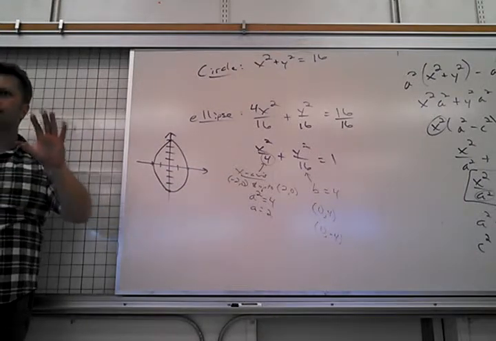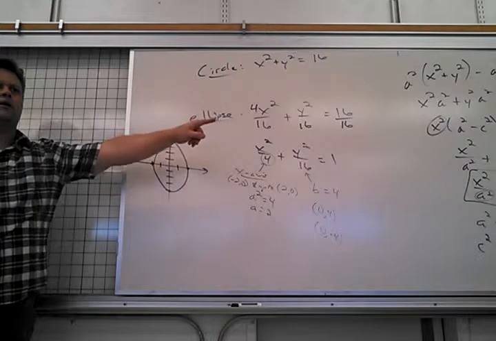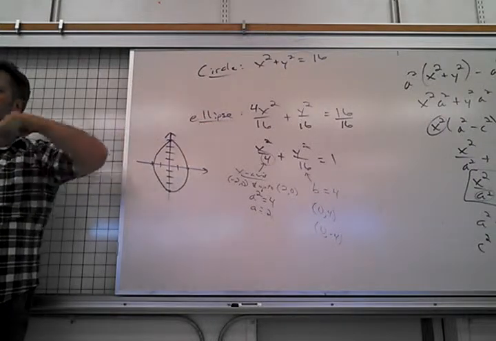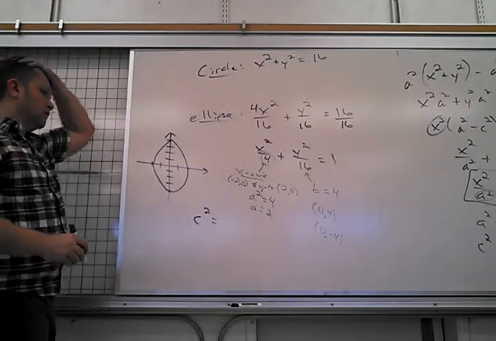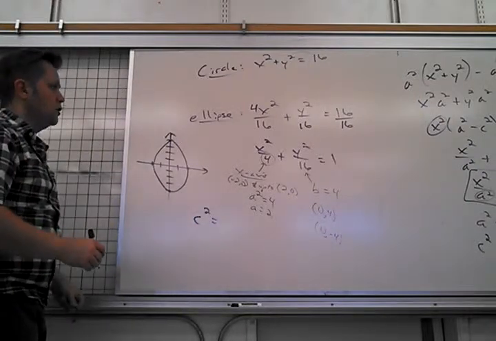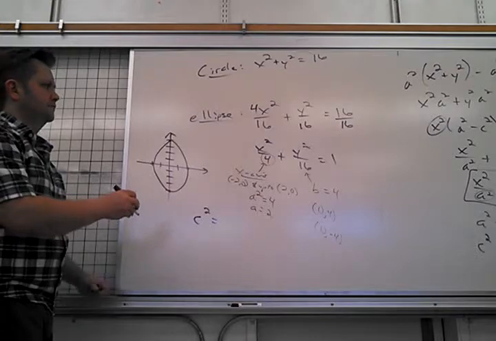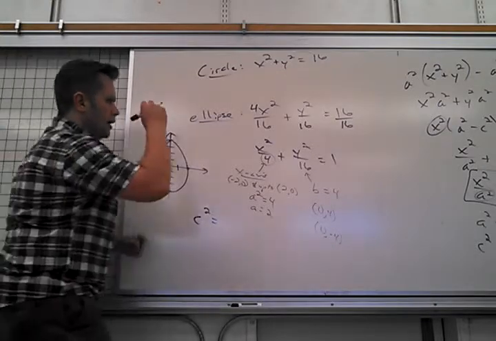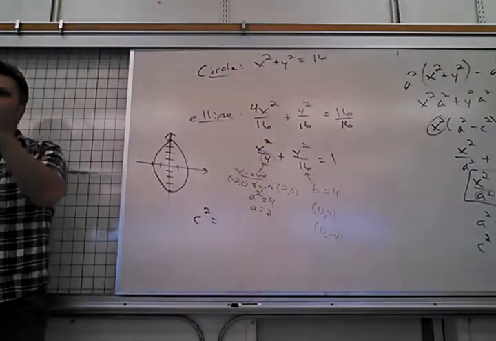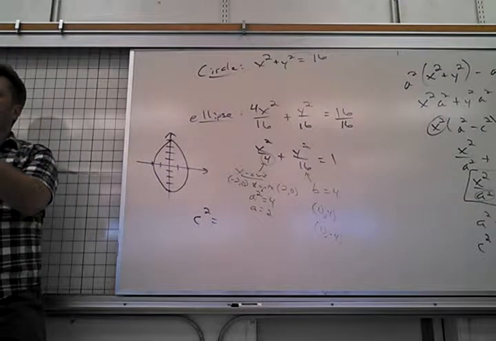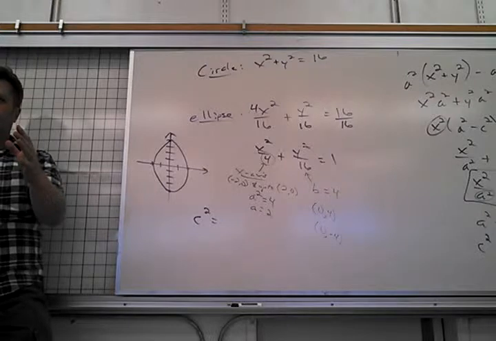The one thing I haven't done yet that we used a lot in the problem is what's the focus? What's the foci? I'll tell you this right now. I was taught a different way than the books have it nowadays.